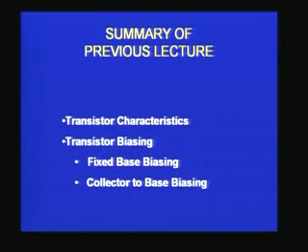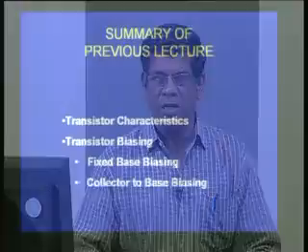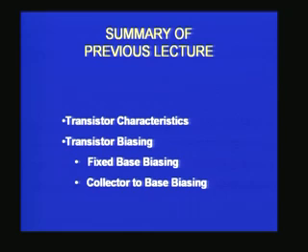Then we saw with some examples two different types of biasing schemes. One is called the fixed base biasing, the other is the collector to base biasing.